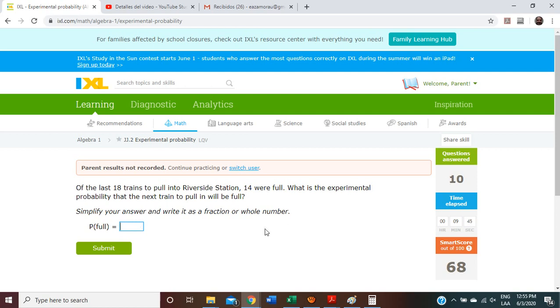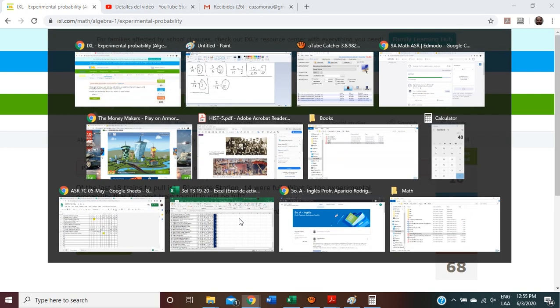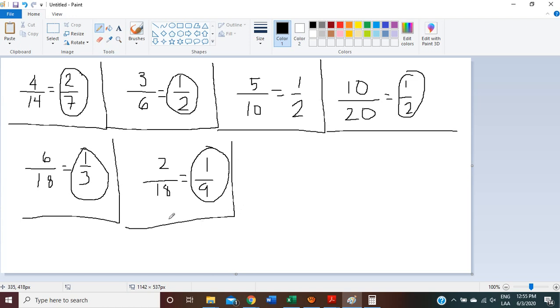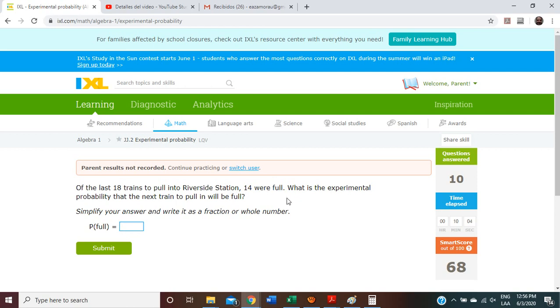Let me do this other one just in case. Of the last 18 trains to pull into Riverside Station, so I believe there is a total of 18, 14 were full. What is the experimental probability that the next train to pull in will be full?